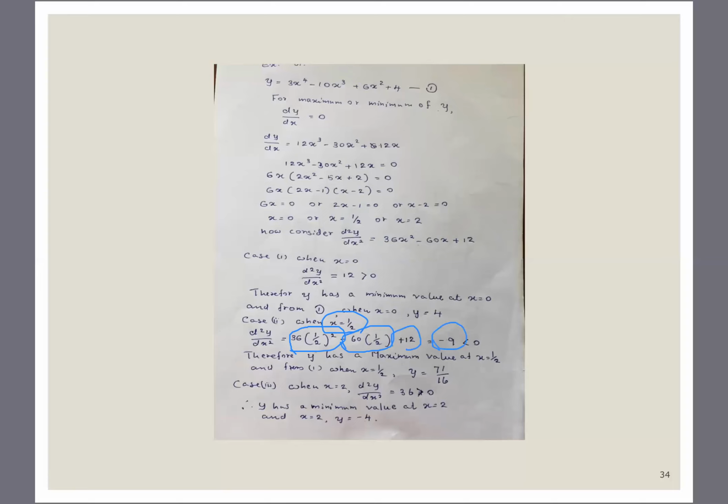Minus 9 means it is less than 0, that means negative. If it is negative, we know according to our rule that the point should be a maximum. That point should be a maximum, right? And further you can apply another one, no? Where is our x equal to 2?